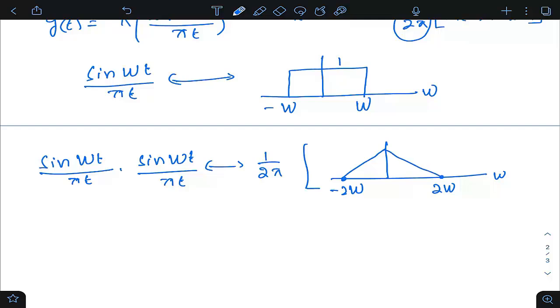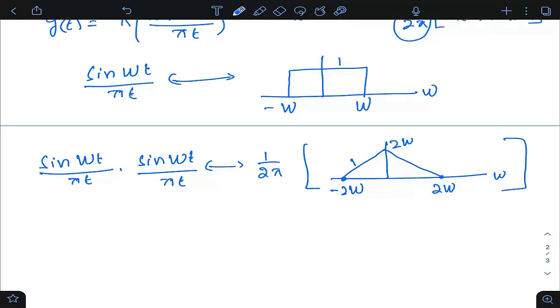But what about the amplitudes? To find the amplitude, you know the slope. The slope is the product of the heights, 1 into 1 is 1. If the slope is 1, then the peak should be at 2W, because height by width, 2W by 2W, becomes 1.